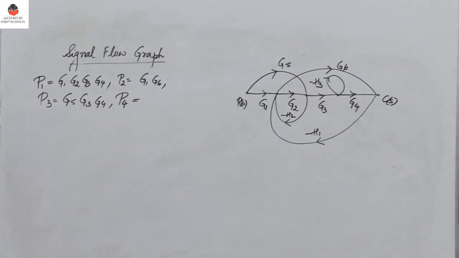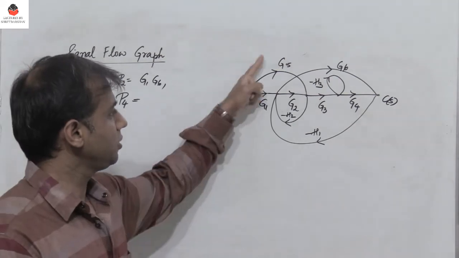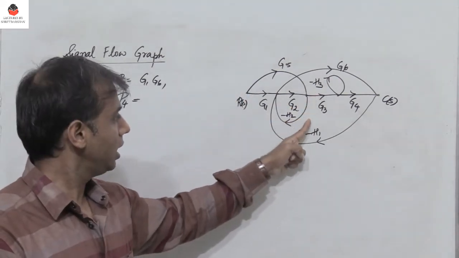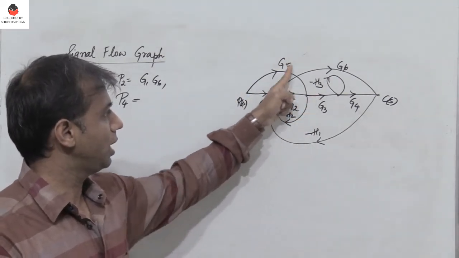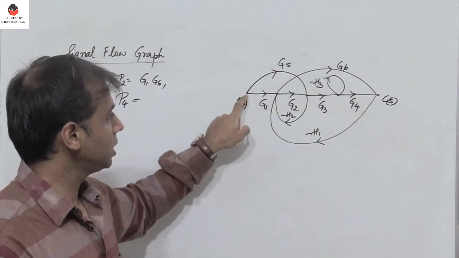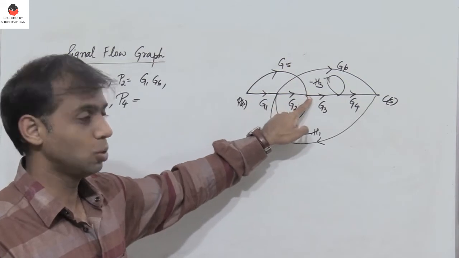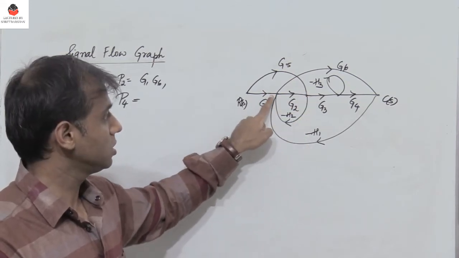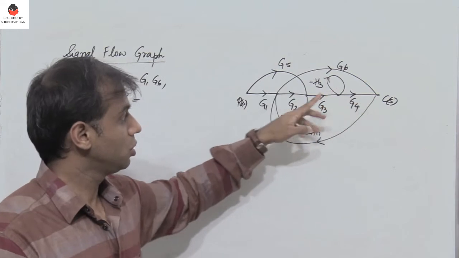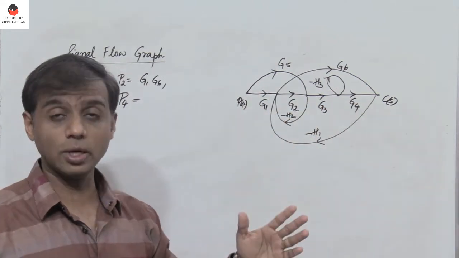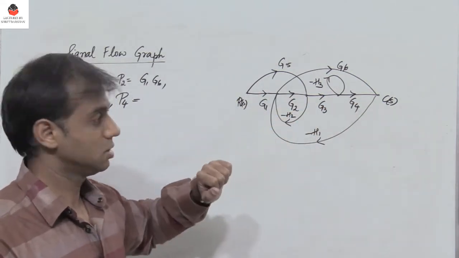Then I have the fourth forward path. Can you identify the fourth forward path? I have G5, then minus H2 and G6. Remember that none of the nodes are traced twice. So I go like this, to this node, and then I come back to this node and then go to the output. You have to check all the options.